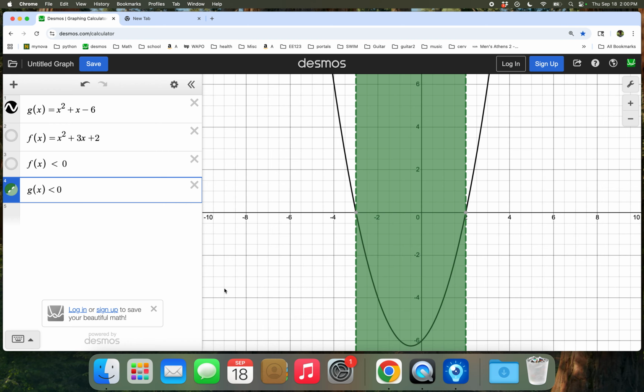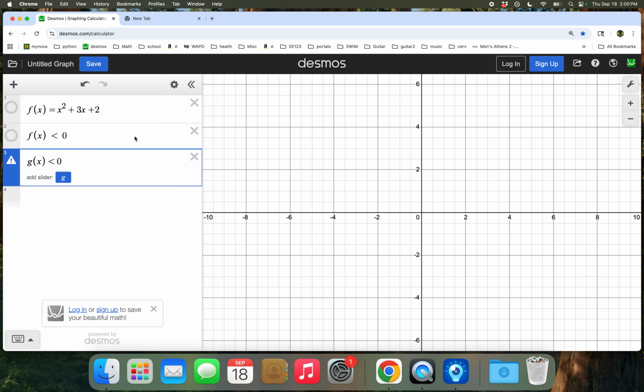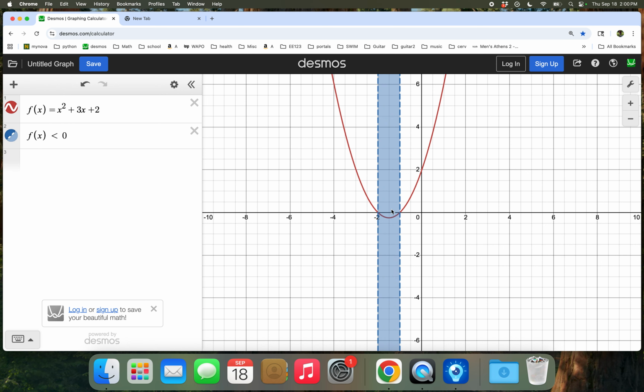So I'm going to go over here. x squared plus 3x plus 2. And there's the function. When is it less than 0? From -2 up to -1. Sure is. And you can get Desmos to solve it for you. Great.